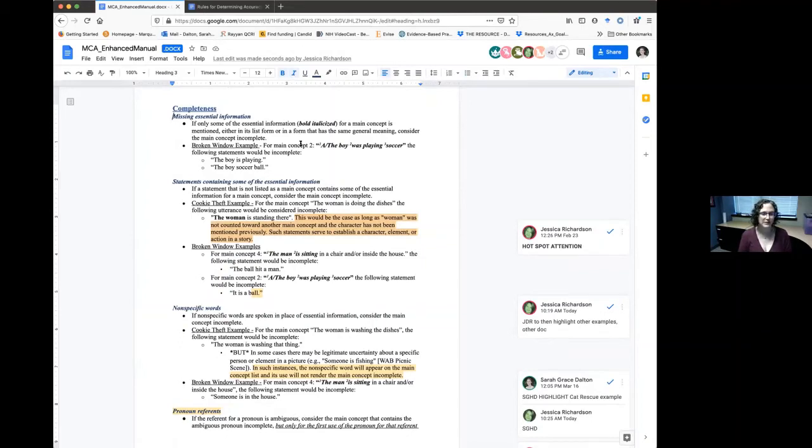So for example, for main concept 2, the boy was playing soccer. If an individual said the boy is playing, or the boy soccer ball, they would receive credit for accuracy, but not for completeness, because they are missing one of the essential elements in each of those examples.